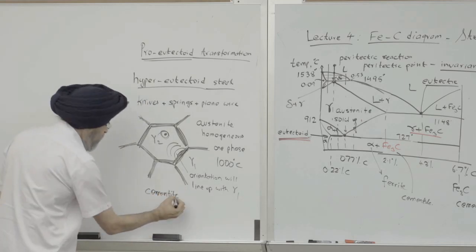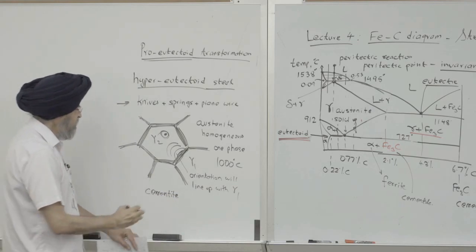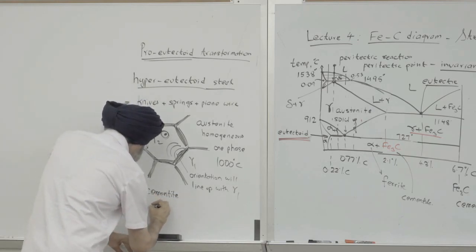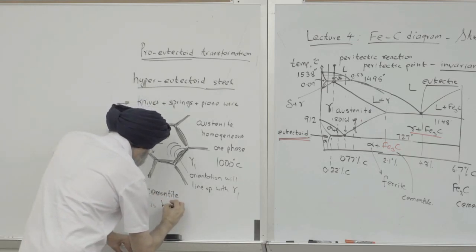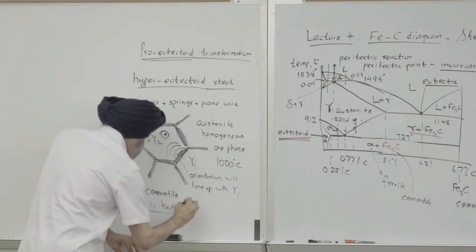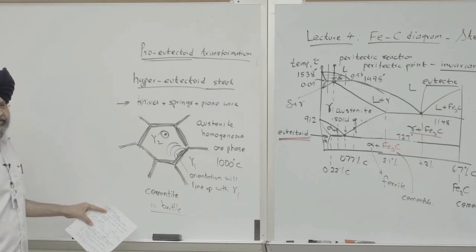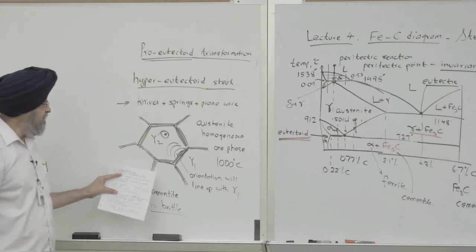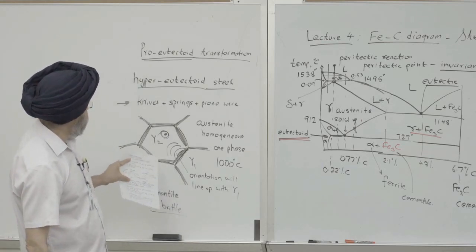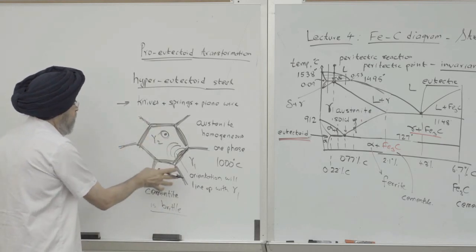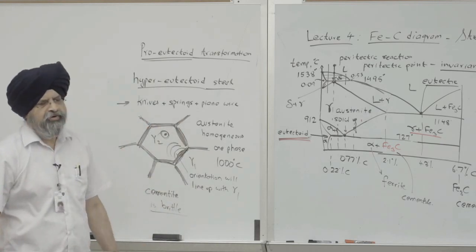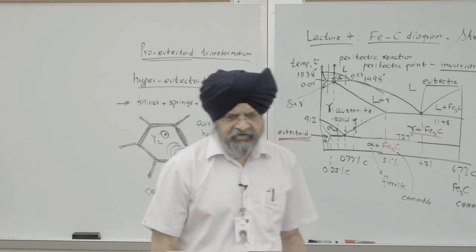That is not a very good thing, because cementite is brittle. So you're making your structure kind of brittle by having this cementite precipitate out over all the grains. So cementite is like glass.